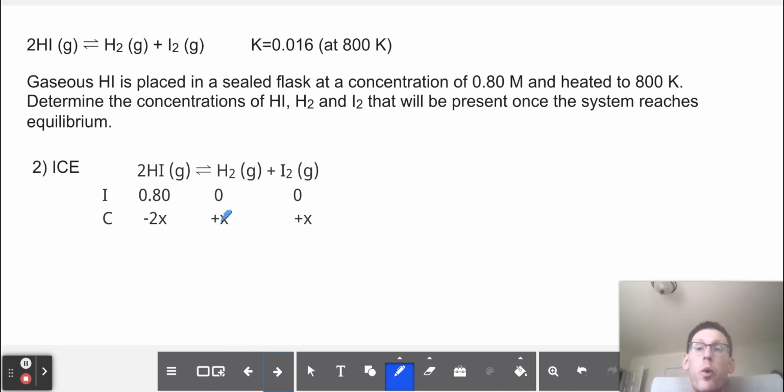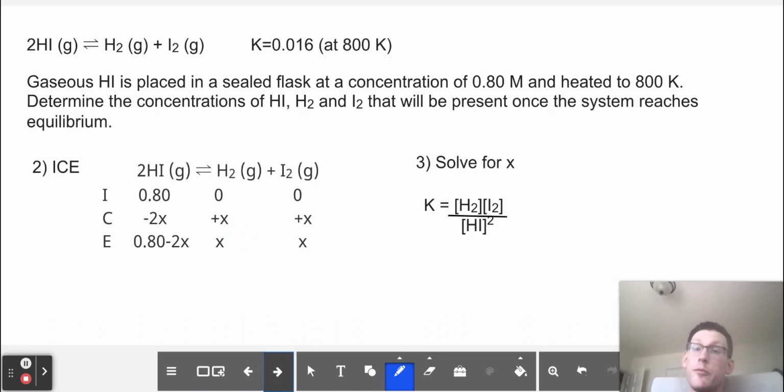Now, for every 1 hydrogen and 1 iodine that are produced, we need to consume 2 HIs, and that 2 comes from this stoichiometric coefficient. And so our equilibrium concentration of HI is just going to be 0.80 minus 2x, and our equilibrium concentrations of H2 and I2 are both x. We don't know exactly how far this reaction needs to go, and that's why we're using these variables x.